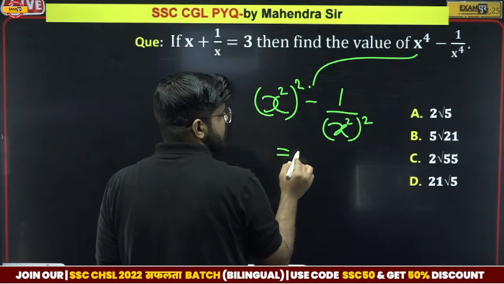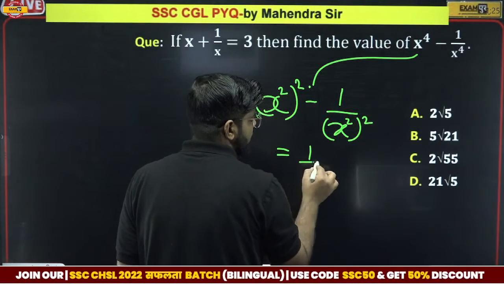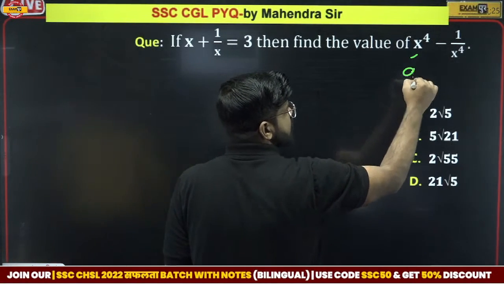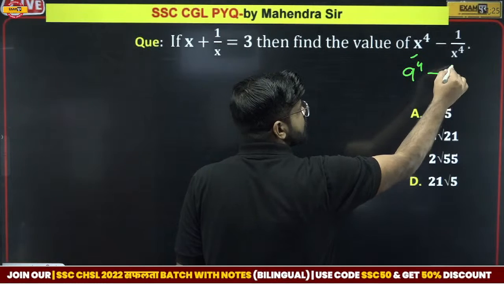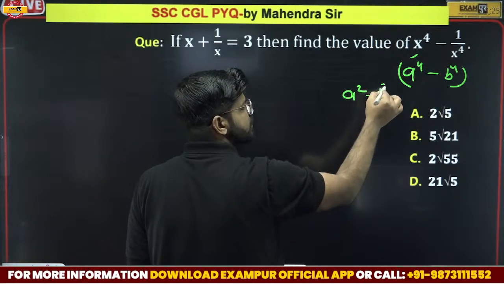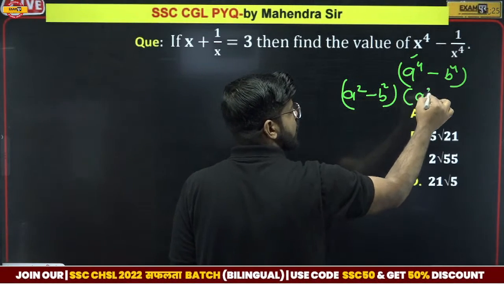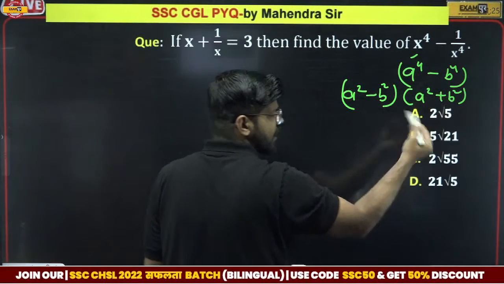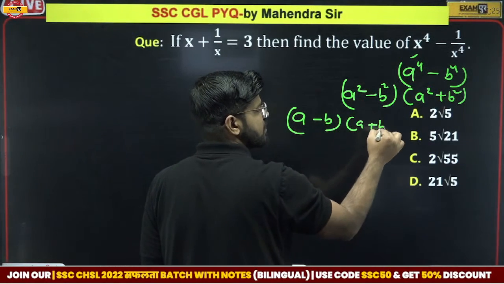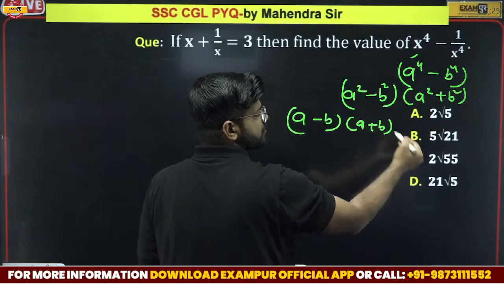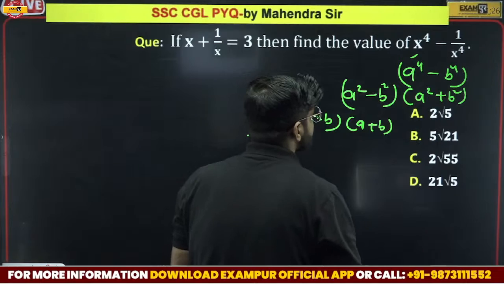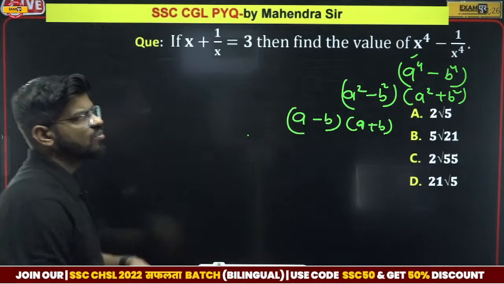Or we can directly say that if this is a power 4 and b power 4, we can write it as a square minus b square, a square plus b square. Again, we can write this as a minus b, a plus b, multiplied by a square plus b square. So this is how we have to calculate this.